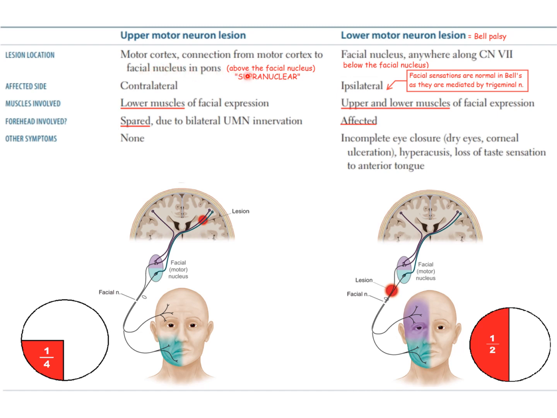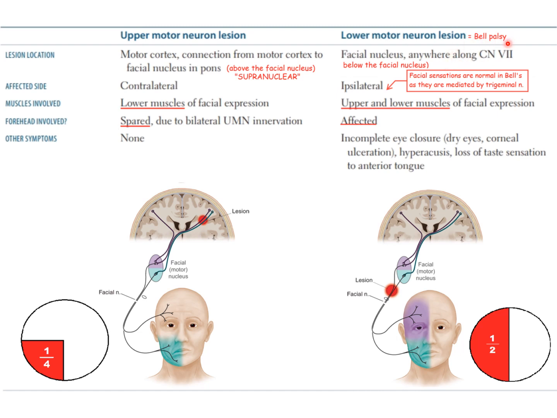Hence, these are termed supranuclear lesions, whereas the lower motor neuron lesions involve damage to the facial nerve, from the facial nucleus to anywhere along the peripheral branches of the facial nerve. Hence, these are termed infranuclear lesions.